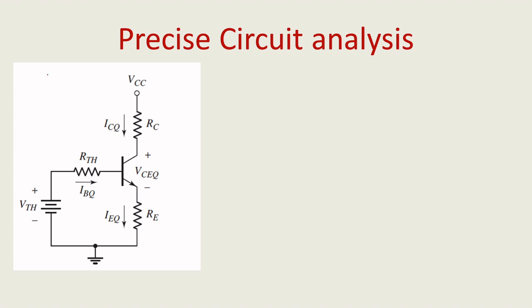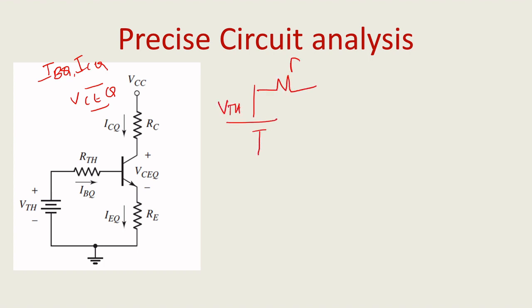So now you can find your IBQ, your ICQ, and VCQ, right? So this is a Thevenin equivalent circuit. Why am I calling it the Thevenin equivalent circuit? You know that you have one VTH, one voltage source, one series resistance along with your own load. So with the same logic, you redrew our circuit in terms of Thevenin's model.